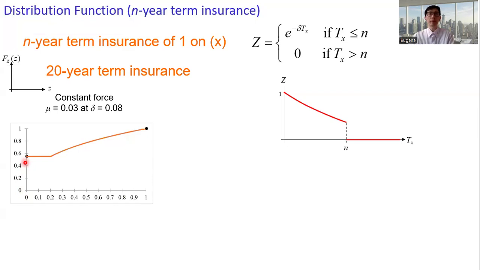This corresponds to the probability that Tx is greater than n, which is npx. And in this example, the probability that Z is 0 is 0.5488.